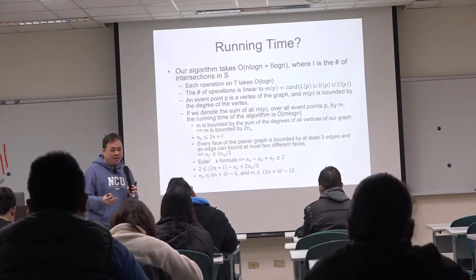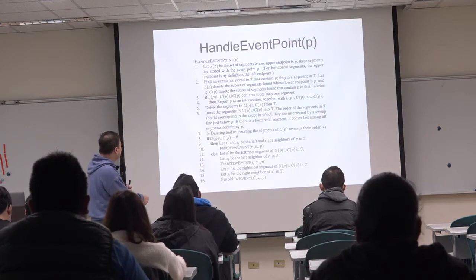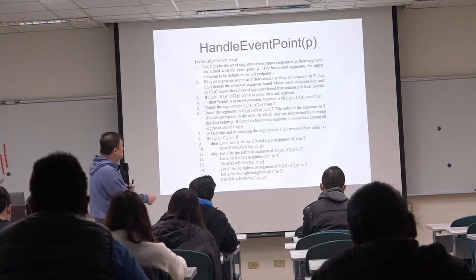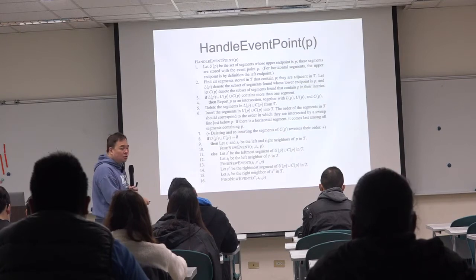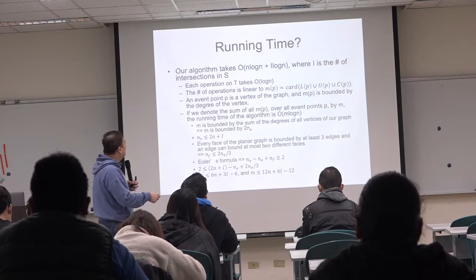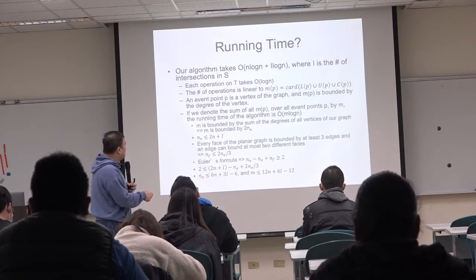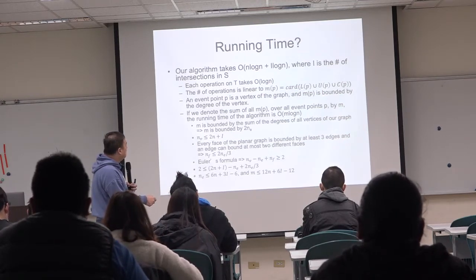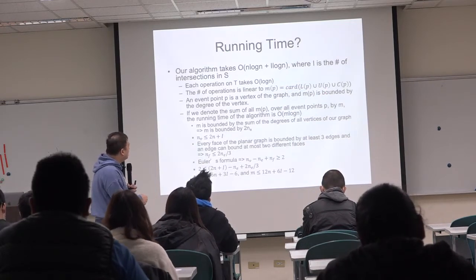This is right, because in our previous discussion, all these operations have something to do with the cardinality of L(P), C(P), and U(P). I hope this is not difficult to observe. An event point P is a vertex of the graph, and n_P is bounded by the degree of the vertex.